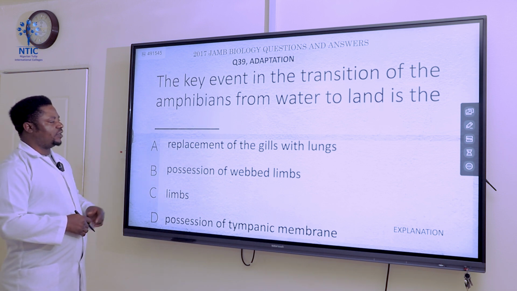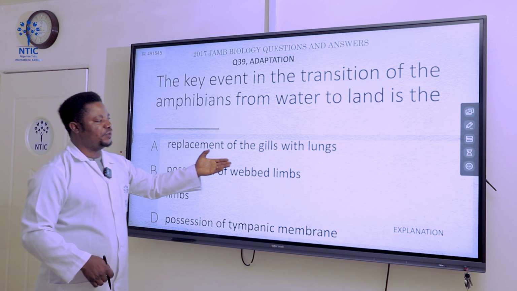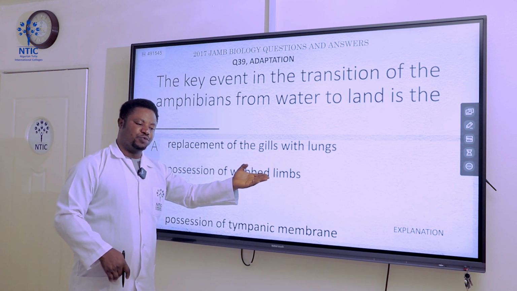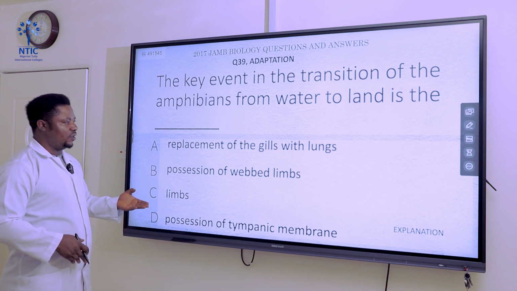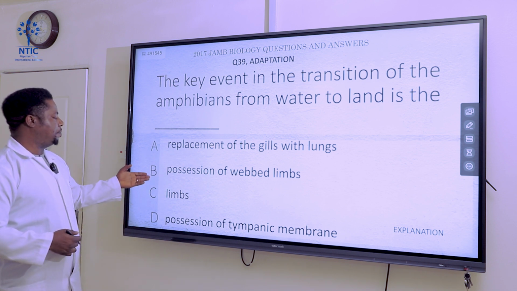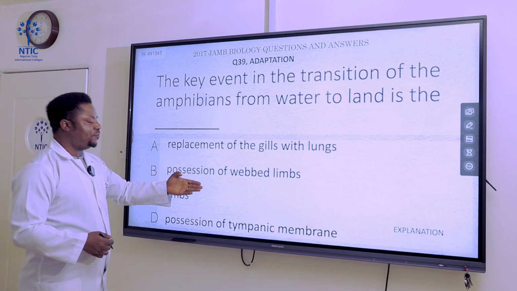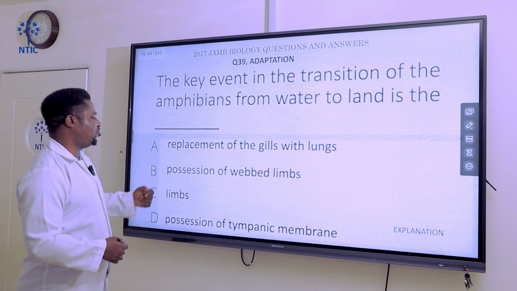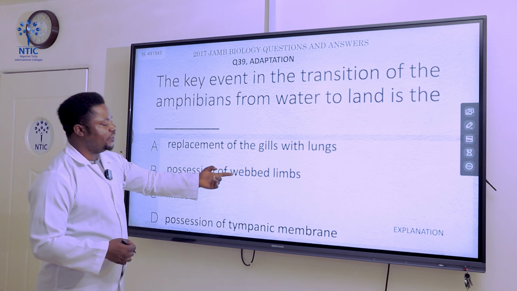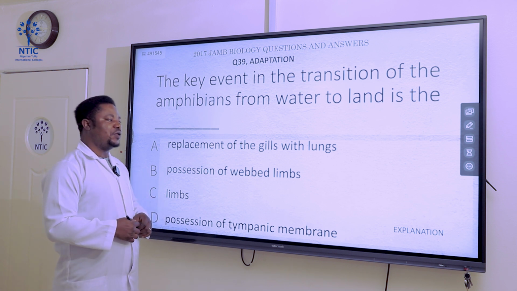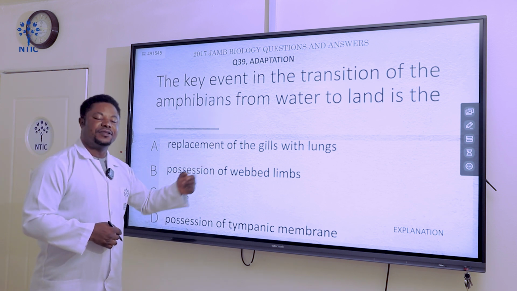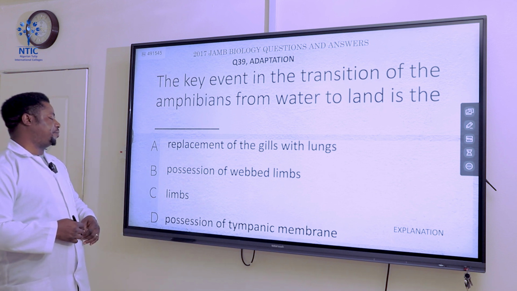The first option says replacement of the gills with lungs. For you to move from water to land, there is need for replacement of the gills with lungs. B says possession of web feet. Web feet are actually useful in water. If you are to be on land, there is no need for web feet. So B is not the answer.